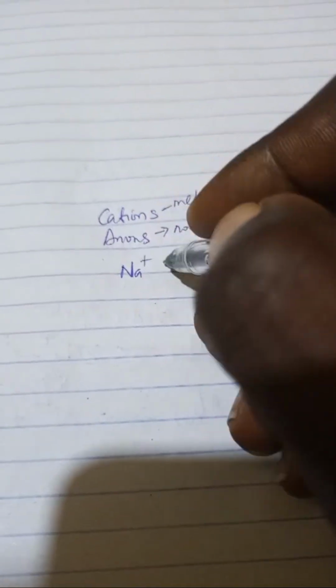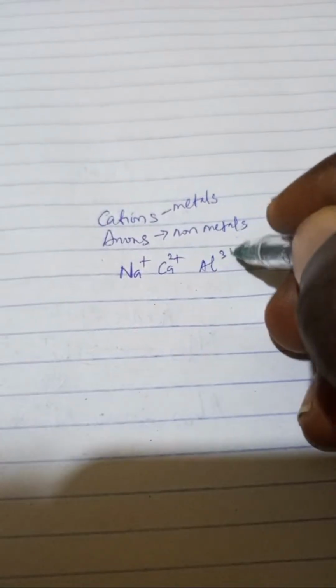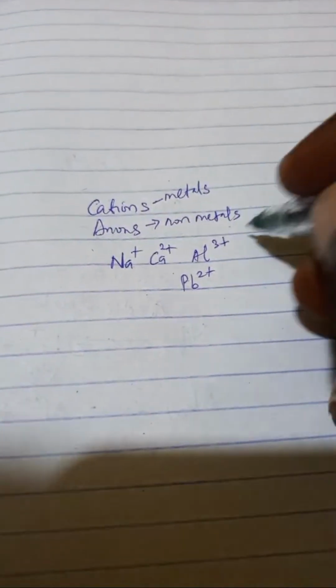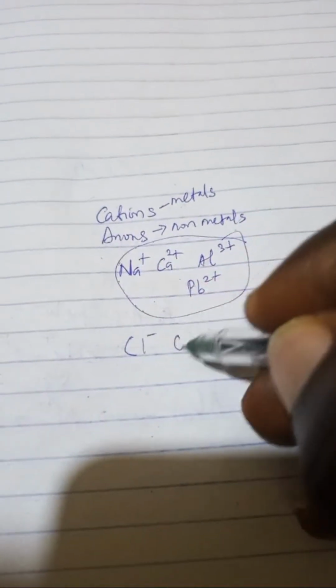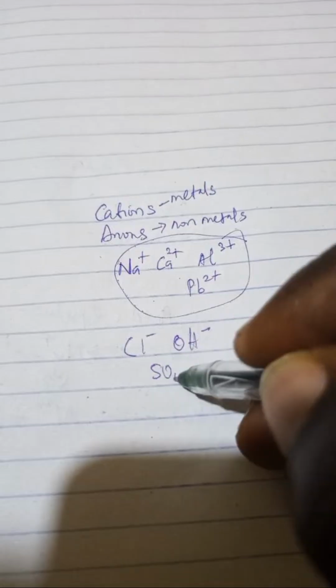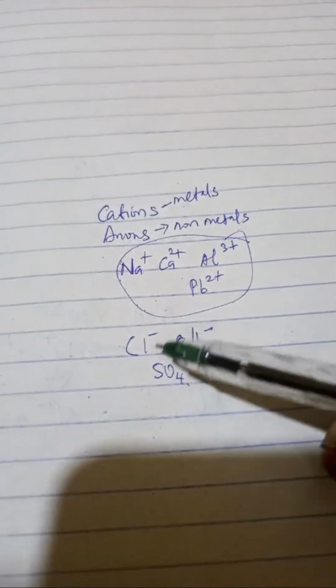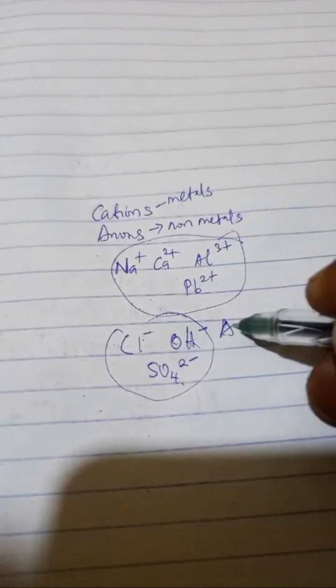So when you see Na plus, Ca2 plus, Al3 plus, Pb2 plus, all of them have plus, so they are all cations. But when it has minus, like Cl minus, OH minus, SO4 2 minus, the chloride ion, hydroxide ion, sulfate ion, they are all anions.